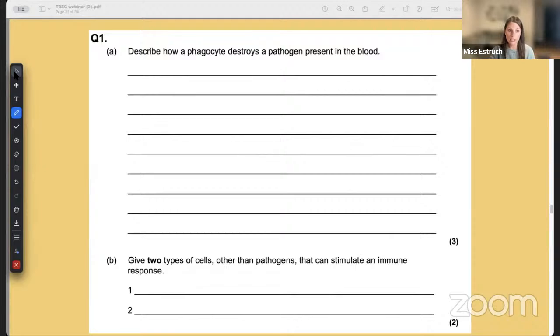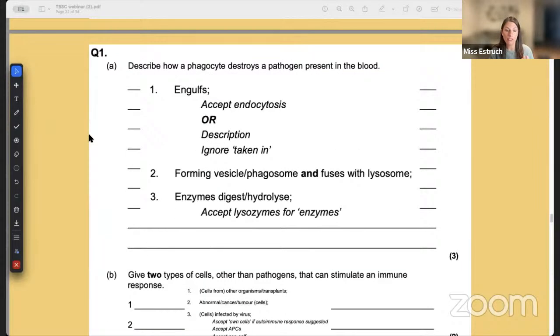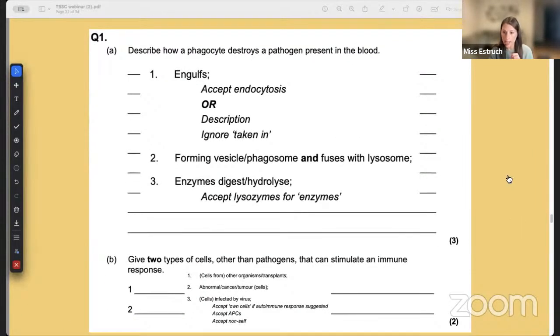The next thing, though, with the exam questions that you get a lot of value from is looking at the mark schemes. So for this one, we've got engulf, came up. So black highlight. Let's go for something a bit lighter. Engulf. We then saw forms of phagosome, these are the lysosome, digest and hydrolyze.